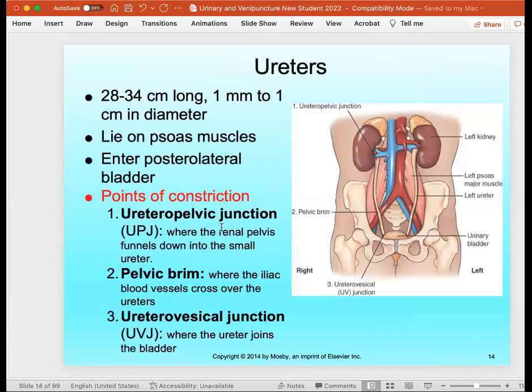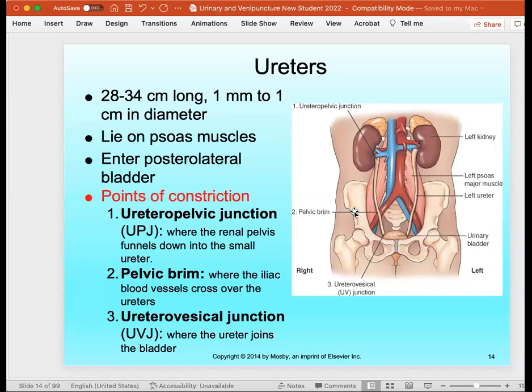This is a very important slide: the 3 different points of constriction of the ureters. The first is the ureteropelvic junction. It's called ureteropelvic because the ureter goes over the renal pelvis.